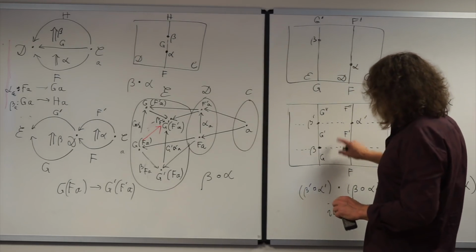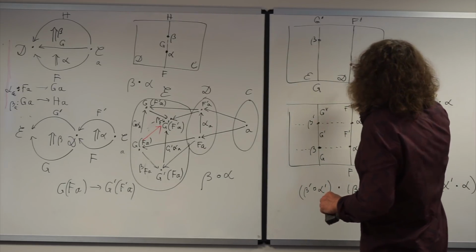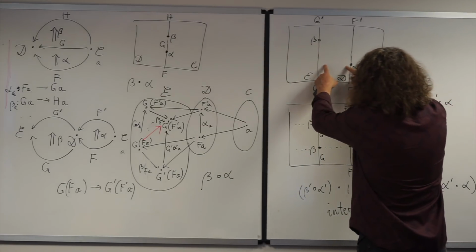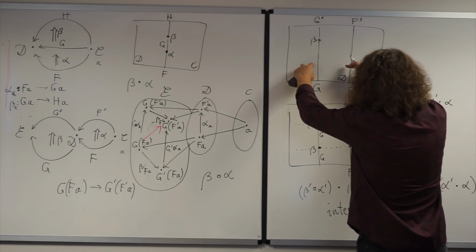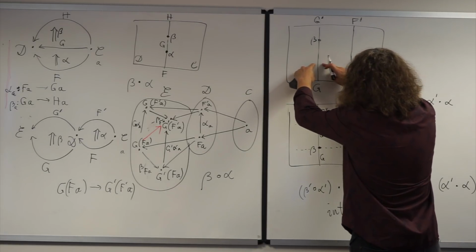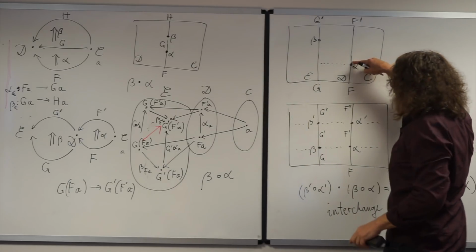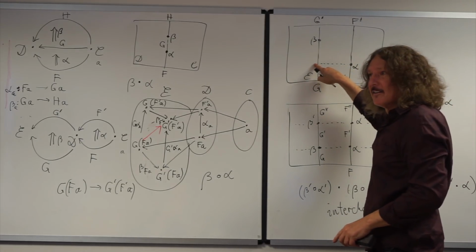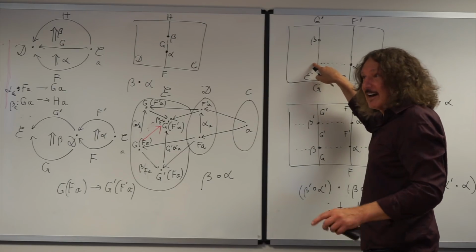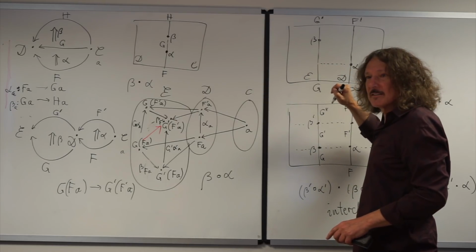Now, if I have the interchange law, then I can go here and interpret this by scanning from bottom to top. What is this? Here I have alpha, but here I don't have anything. This nothing is the identity natural transformation. I can insert an identity anywhere I want, right?